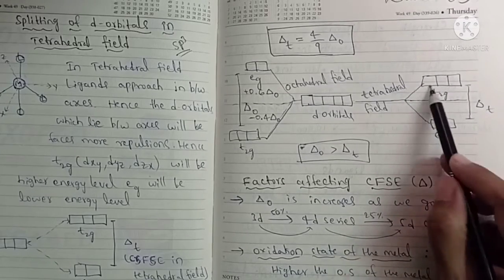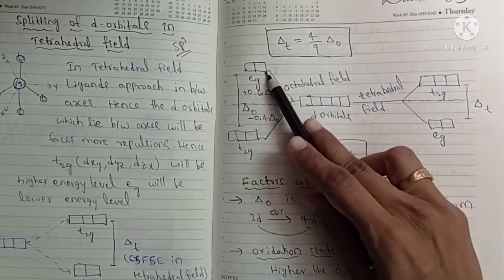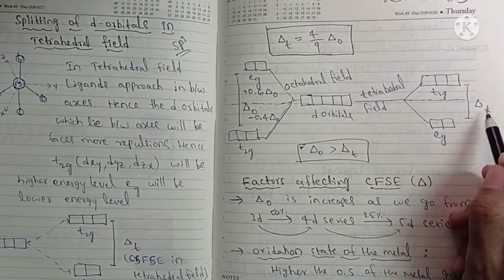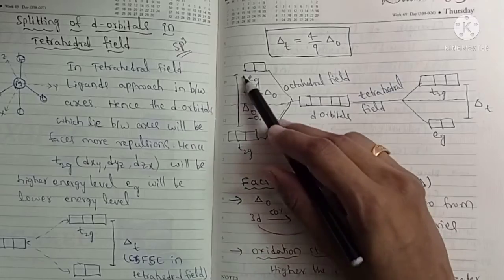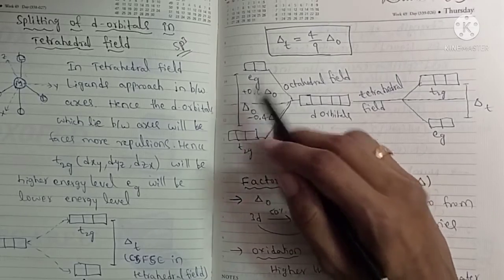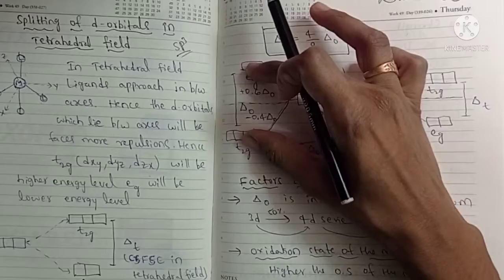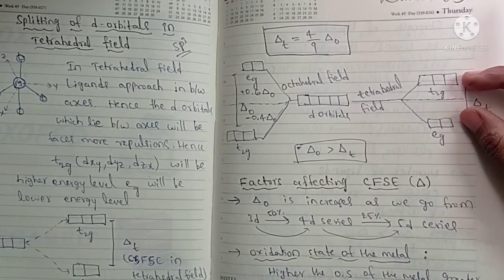This is the splitting in a tetrahedral field and this is the splitting in an octahedral field. This gap is called delta T and this gap is called delta O. If you compare these gaps, delta O is greater than delta T.